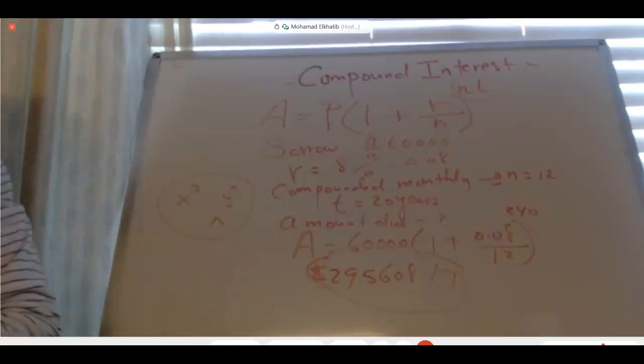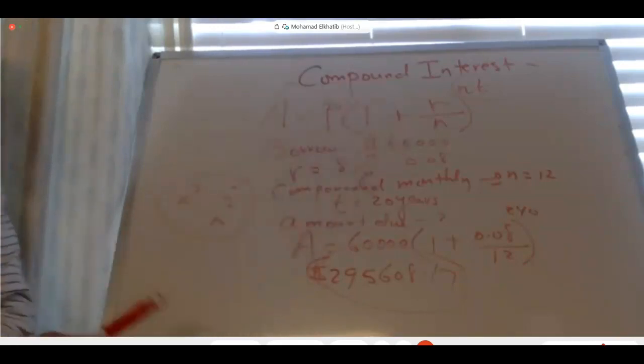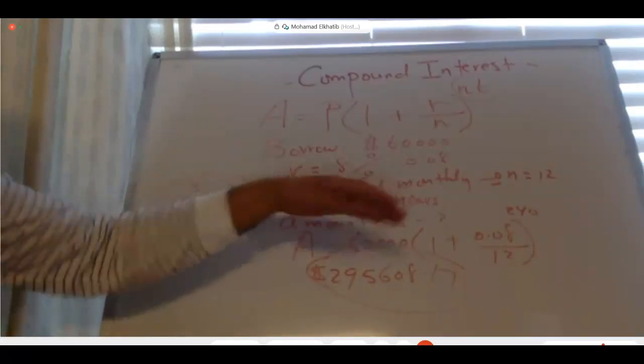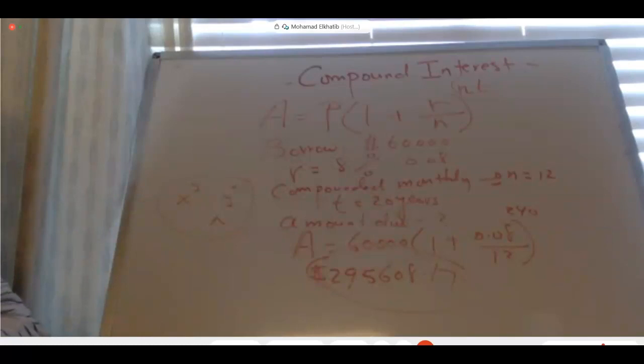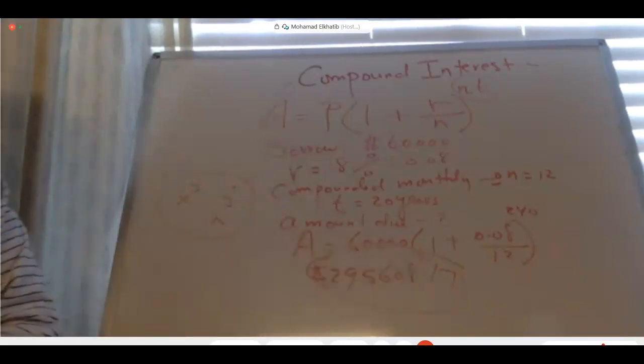All right, so let's analyze the question here. So if you borrowed $60,000 to go to college for the 4 years, and they charge you 8% interest compounded monthly, means every month they're going to charge you 8% of the previous whatever it is, and it took you 20 years to pay off your college loan, then the $60,000 cost you $295,000 and some change.